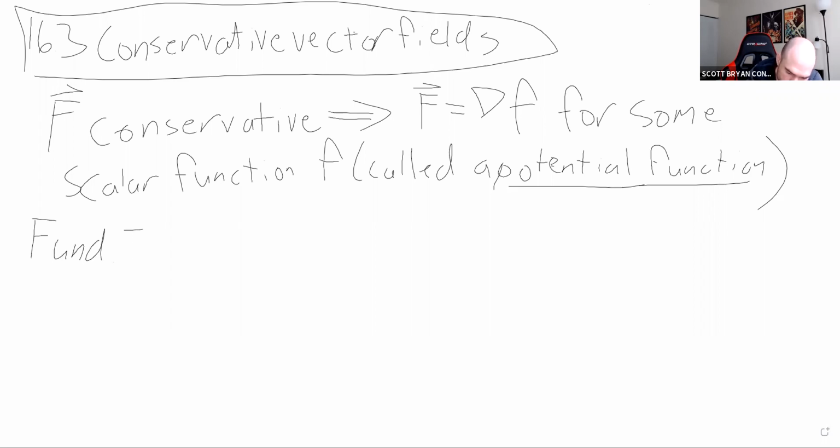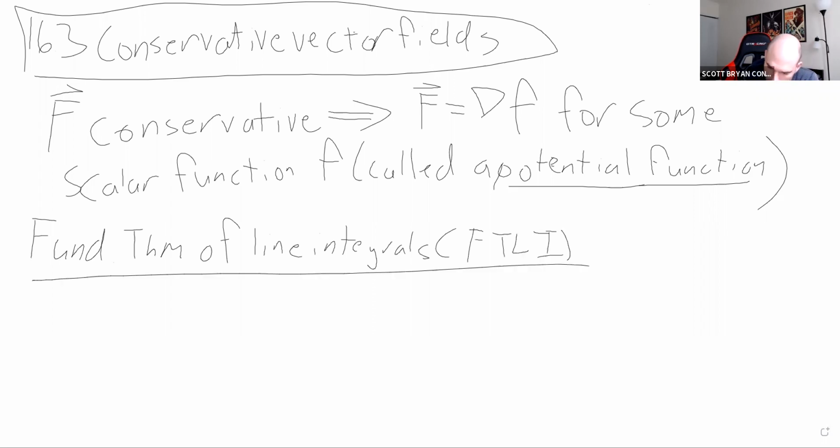So I'll write it down, the fundamental theorem of line integrals. And I will often just refer to this as FTLI. It says the following. This is why these are really nice.